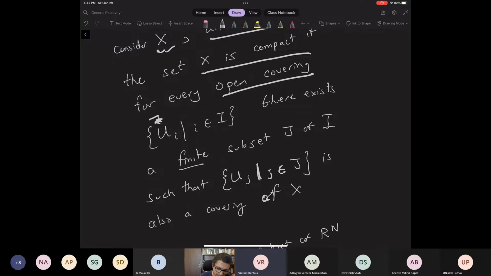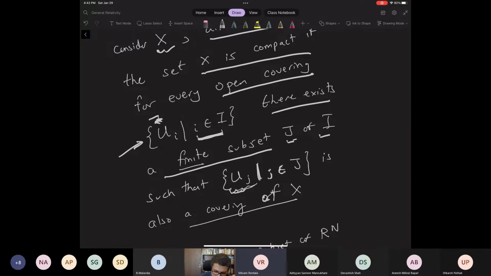If there exists a finite subset J of I such that, from this open covering, I take members U_j, j belonging to J, and this is also a covering of X, but now the cover has only a finite number of sets.